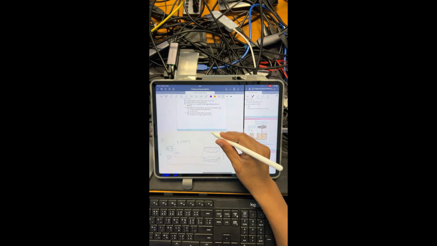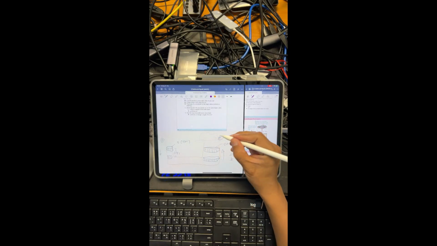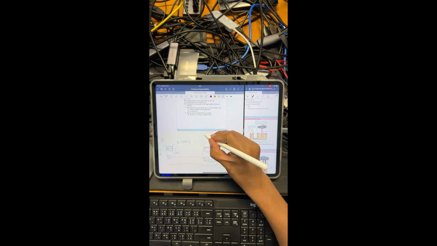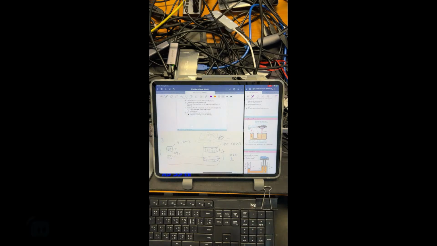I'm sorry, I cannot draw the car well. The mass of the car is 1000 kilogram.